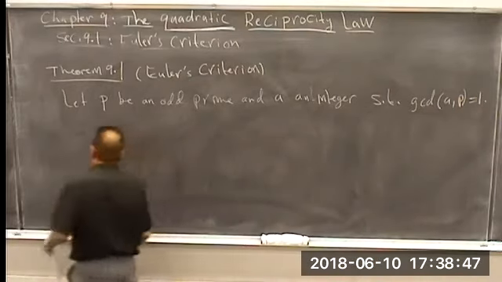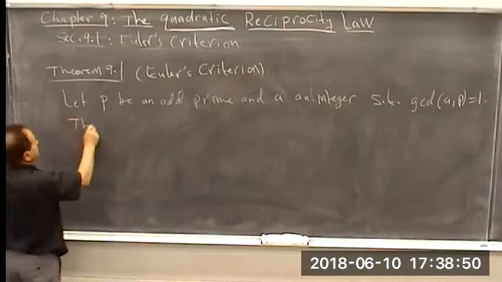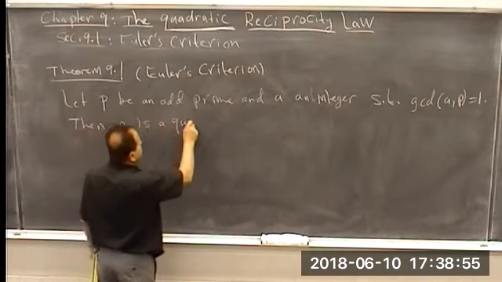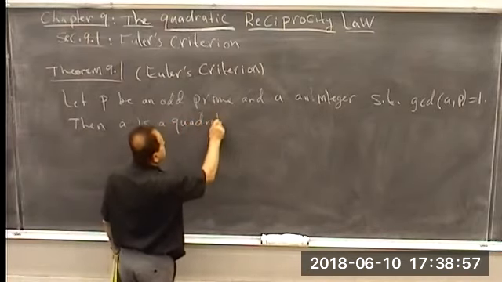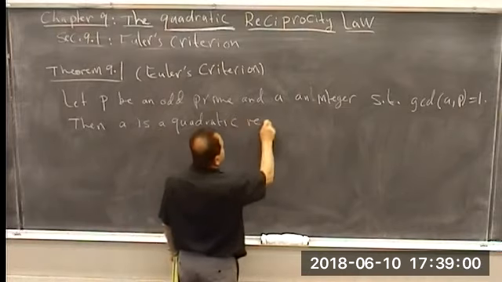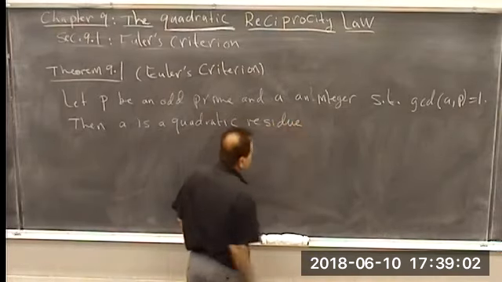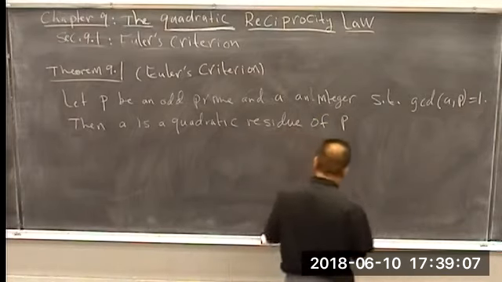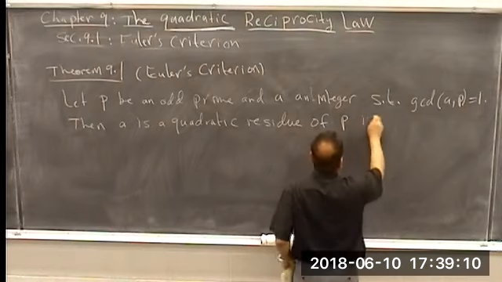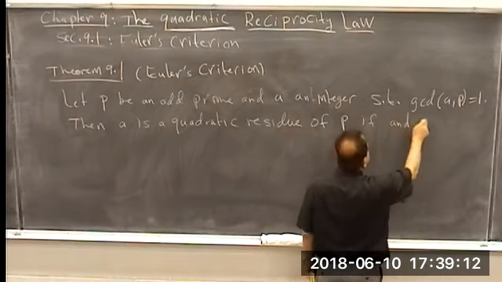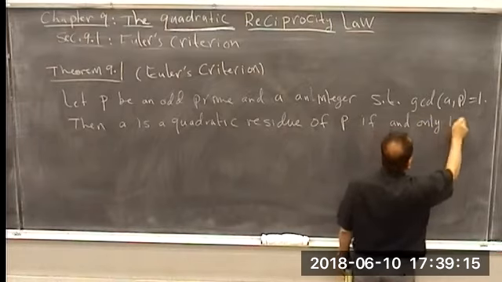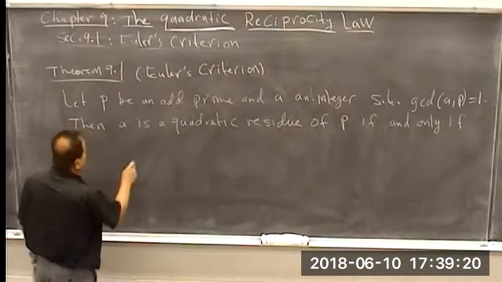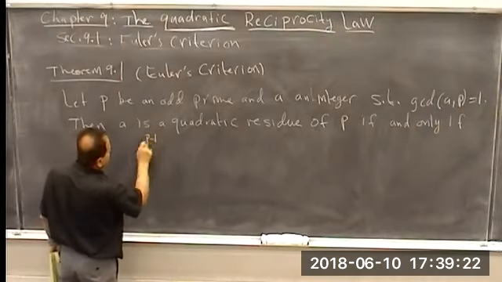Then a is a quadratic residue of p if and only if this congruence holds: a to the power (p minus 1) over 2 is congruent to 1 mod p.